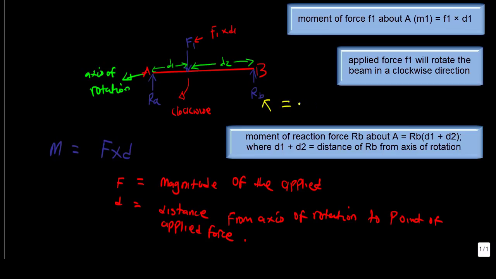The effect of the force RB on the beam will be RB times the distance from RB to our axis of rotation, which is D1 plus D2. That should be in brackets as well, by the way.